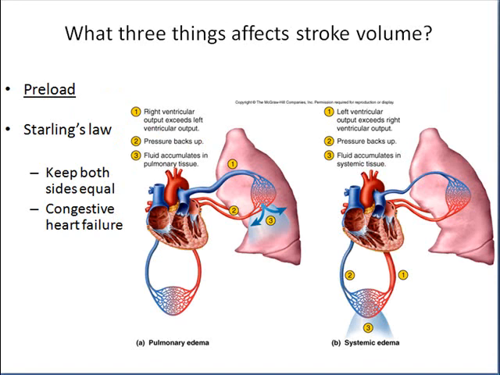Preload is more or less how much stretch we place on the ventricles before they contract. And the way to stretch the ventricles is to fill them with more blood. The more blood present in the ventricles, the more the collagen and elastic skeleton of the heart will stretch. And the more it stretches, the more preload we have.